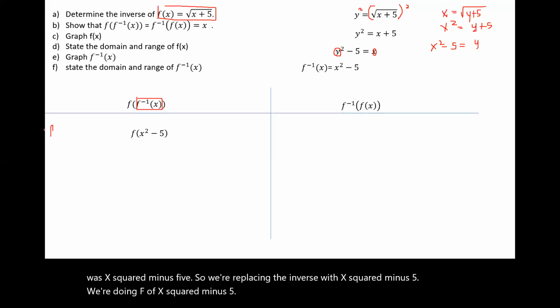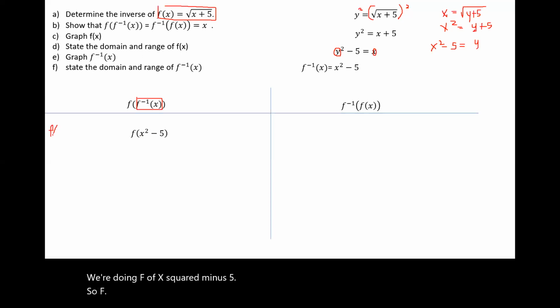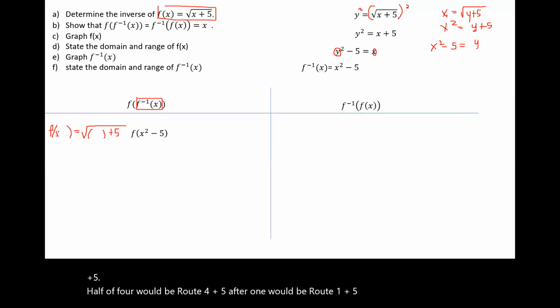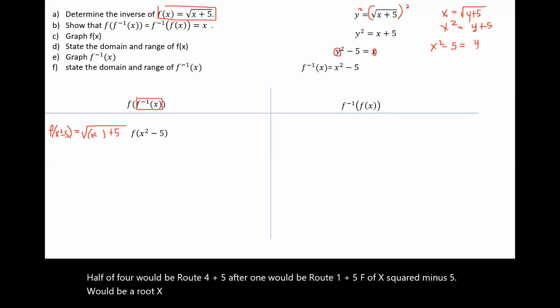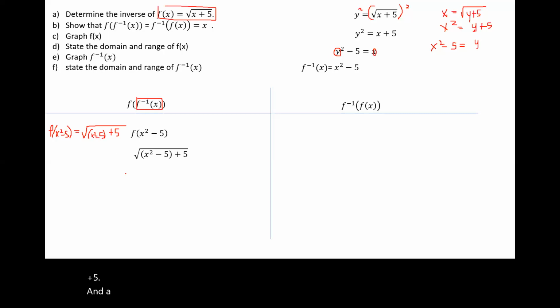So f of anything is the square root of that anything plus 5. f of 4 would be root 4 plus 5. f of 1 would be root 1 plus 5. f of x squared minus 5 would be root x squared minus 5 plus 5. And a little nicer looking is this version.